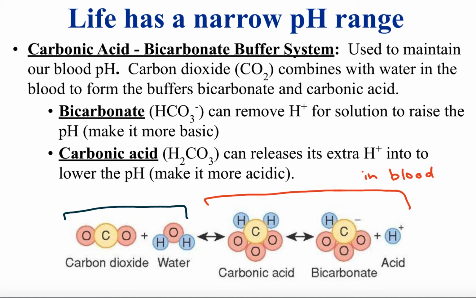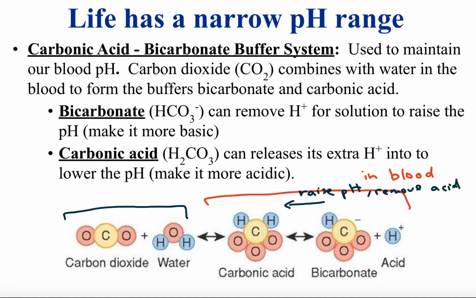So any extra acid that comes into your body will combine with bicarbonate, and the bicarbonate will get used up to make carbonic acid in the event that you have too much hydrogen ions. So this will raise your pH and remove acid if you use up your bicarbonate.